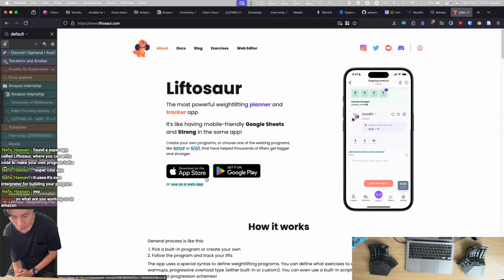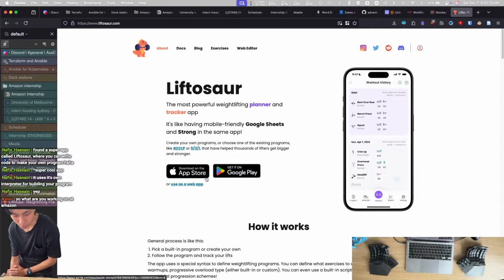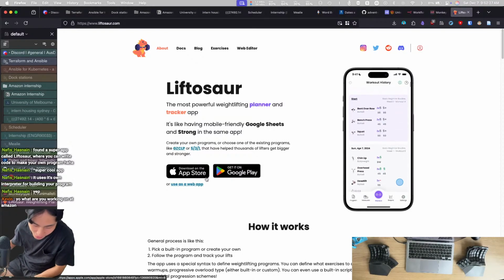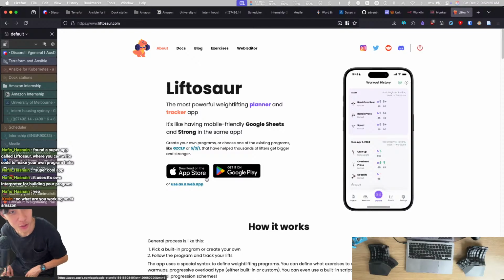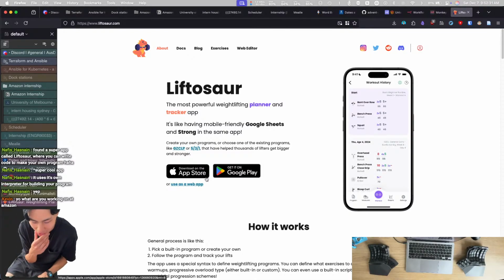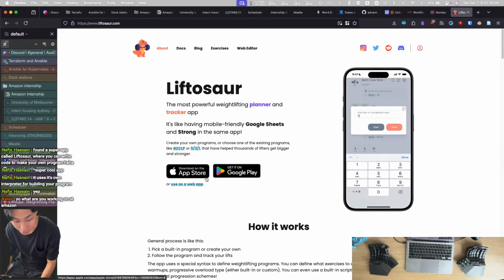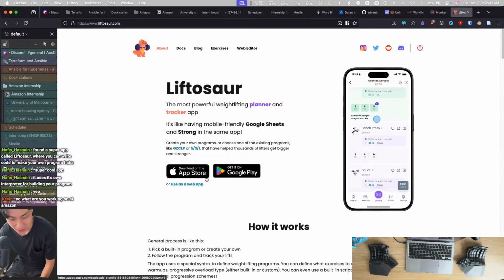Kevin, yo, what are you working on at Amazon? Okay, so I can't say the specifics, right? Because it'll breach certain rules. However, I'm working at Amazon Redshift, which is a data warehouse.